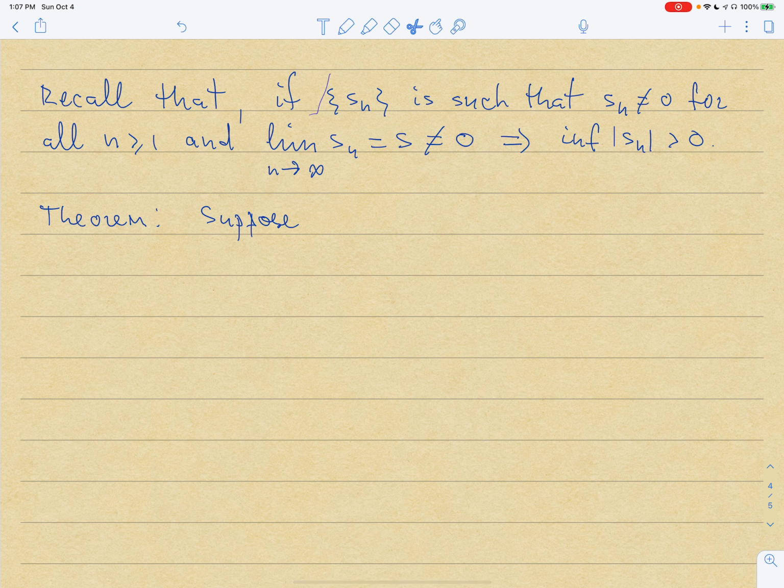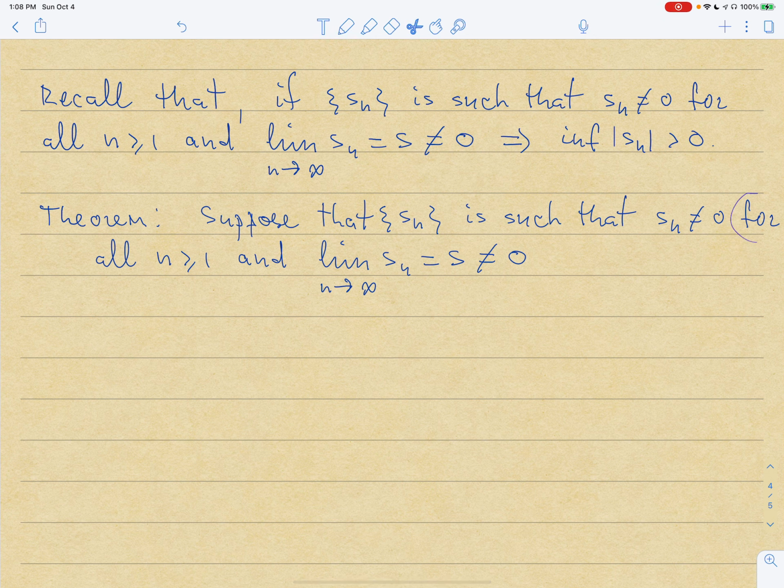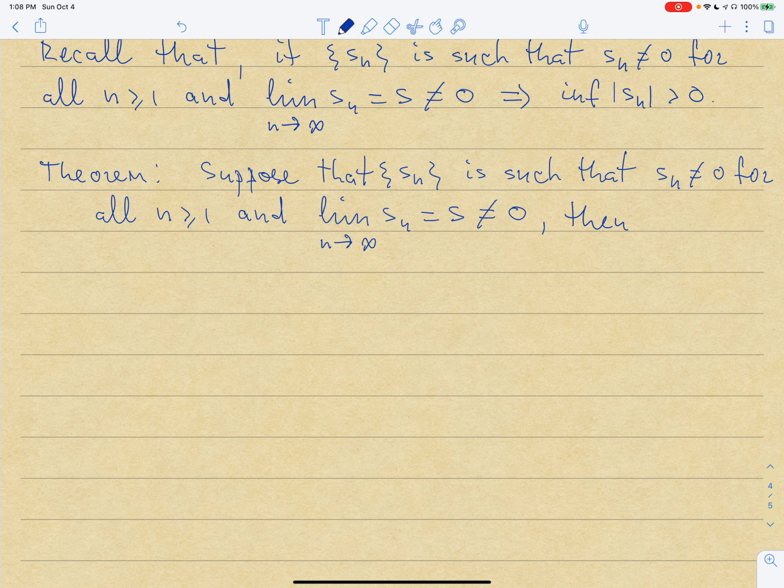So if Sn satisfies exactly the same conditions, suppose that this is true, then the limit as n goes to infinity of 1 over Sn is going to be equal to 1 over S.